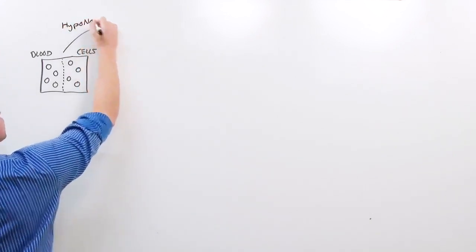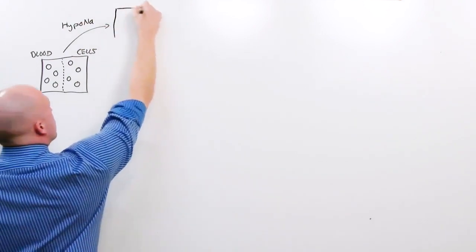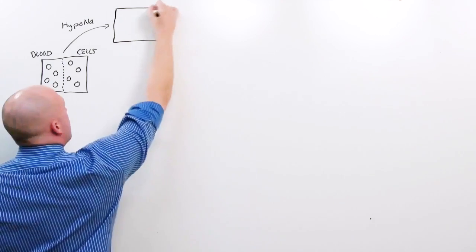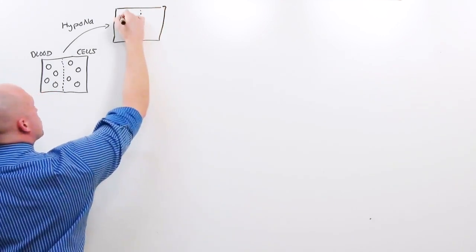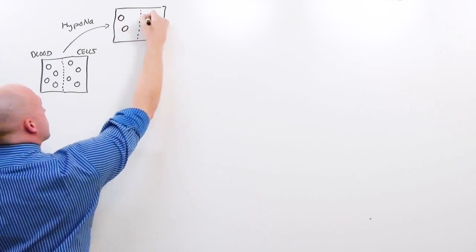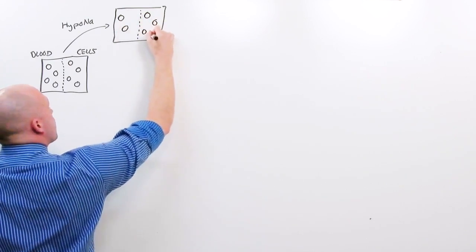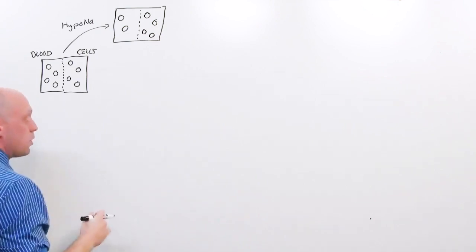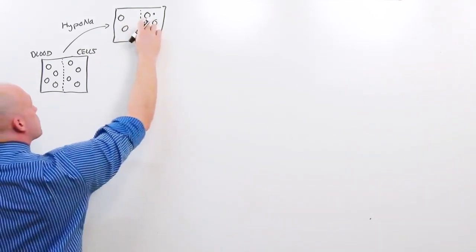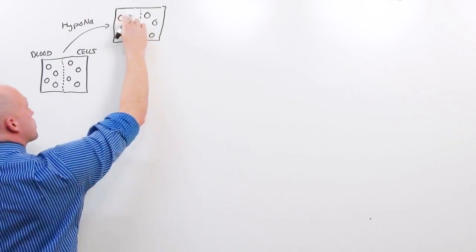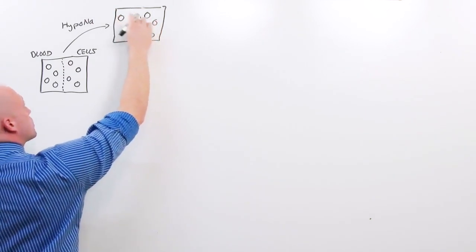In the case of hyponatremia, that is too little stuff, you've got too little stuff in the blood and the cells are the same. Water is going to flow from an area of more water to less, where there's more stuff.